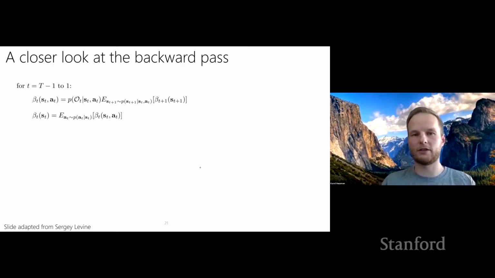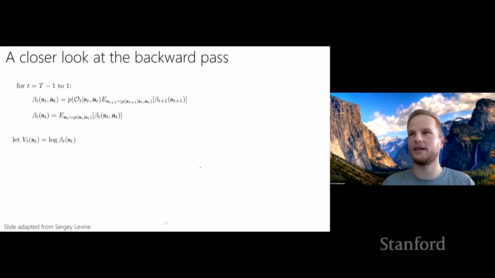All right, so I wanted to look a little bit closer at what this actually means. We went through this backward pass, and we arrived at these two quantities, and maybe it's not entirely clear what they mean.